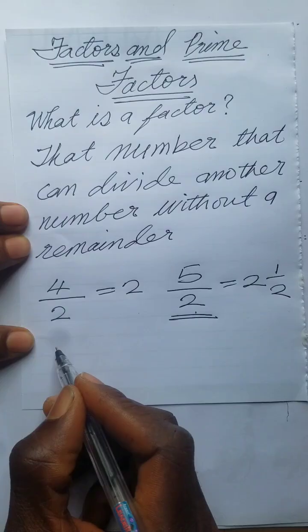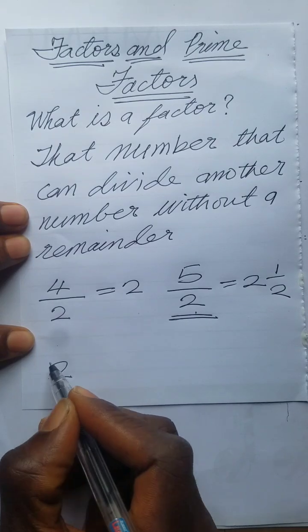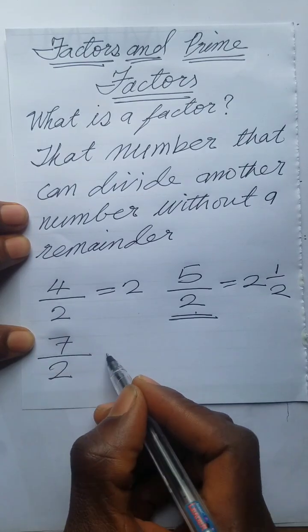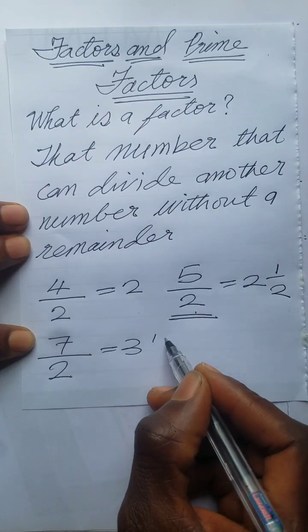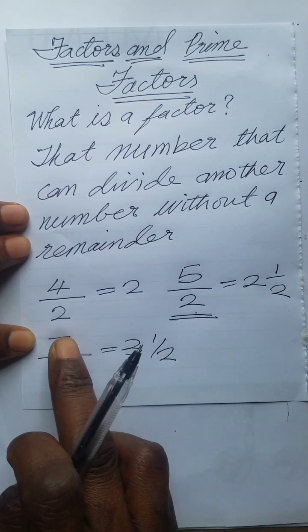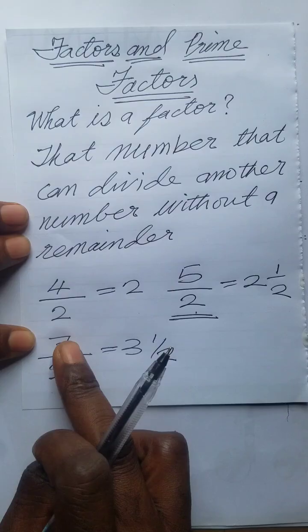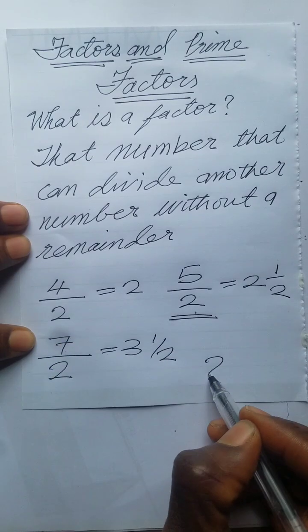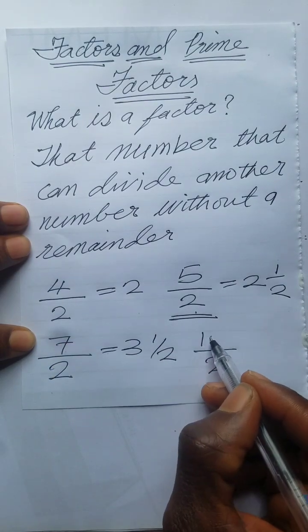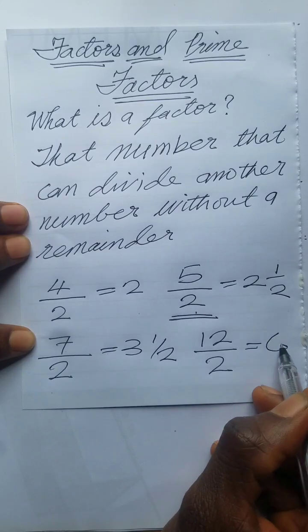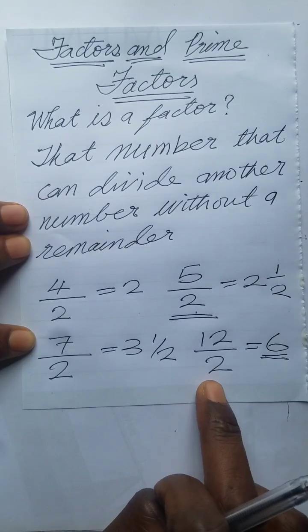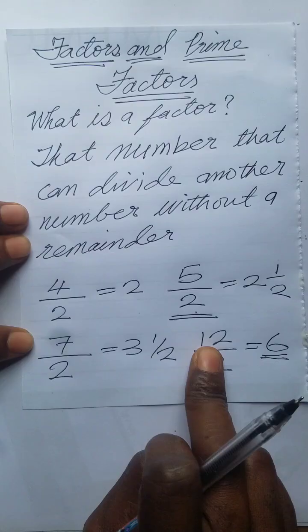Another example, if 2 divides 7 and there is a remainder, then 2 is not a factor of 7. But if 2 can divide a number like 12 and there is no remainder, then 2 is a factor of 12.